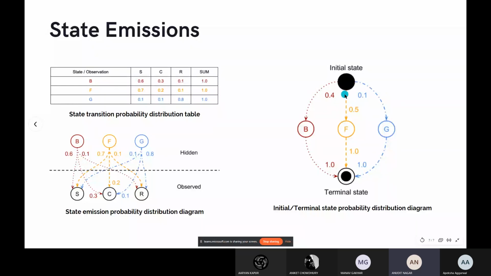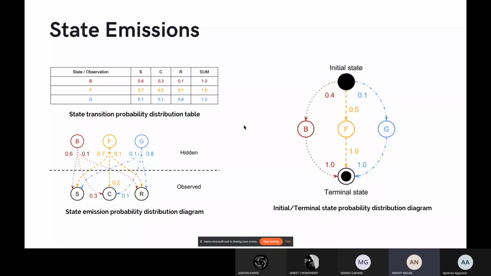In this manner, we can create an entire probability distribution from the initial state to the terminal state, and we can develop deep relations between hidden states and observed states. These are the core concepts that will help you build more complex algorithms, as we discussed earlier, like Viterbi and many more, that will help you analyze in a much deeper manner what kind of sentences you have and what the words that you actually see mean.